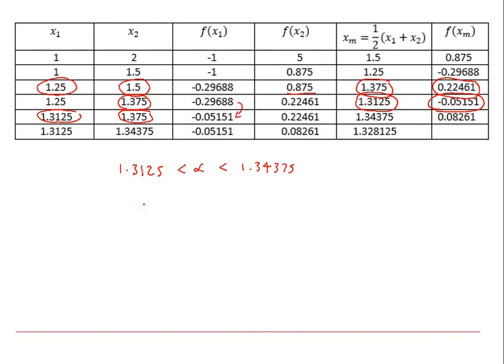Now, an alternative way of expressing the root is to take the midpoint of this interval. This was covered in an earlier video.